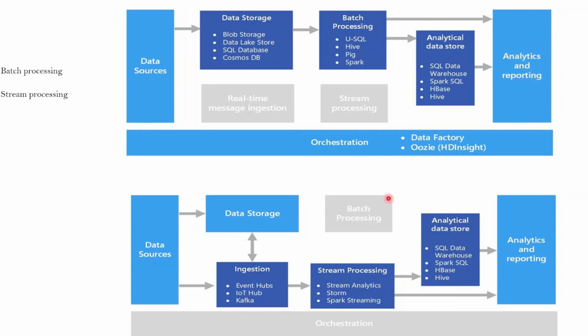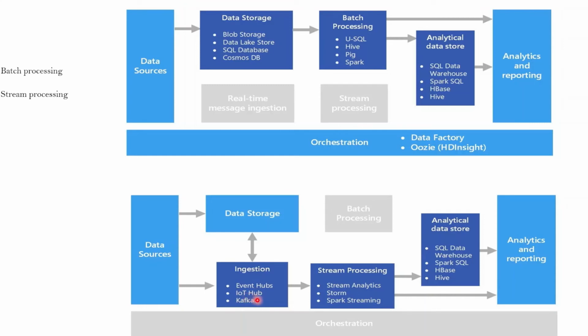While in stream processing, the data can come from the data source or from data storage, and it goes for ingestion using Event Hubs, IoT Hubs, Kafka. These are the Azure services which support real-time processing. Data can come as a single row at a time or multiple rows at a time.